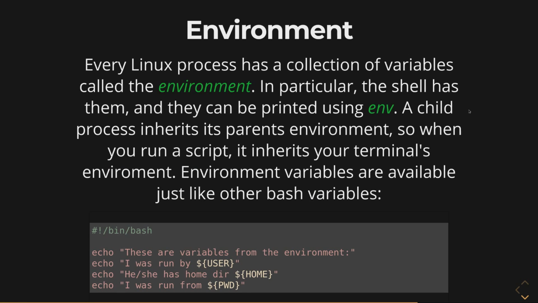So whenever we're in a bash context, we can also refer to variables in the environment just like any other variable. Now that does not mean that any variable that we use in a script is written to the environment. That's not true. It's just that environment variables and local variables are accessed the same way.